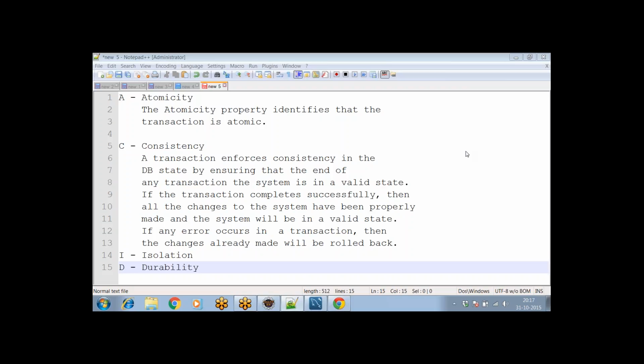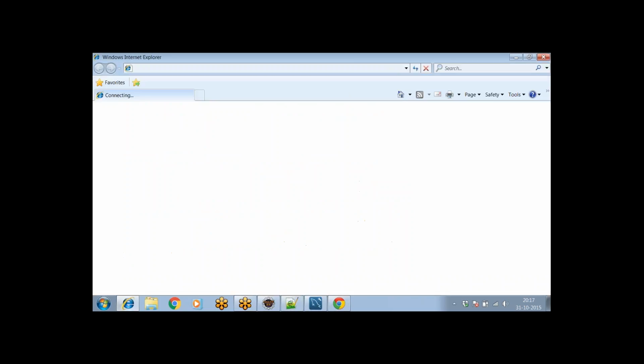So, suppose what if there is some issue with the transaction while it is executing?